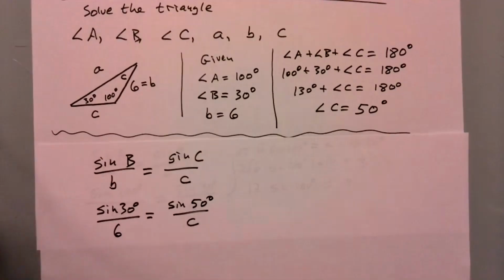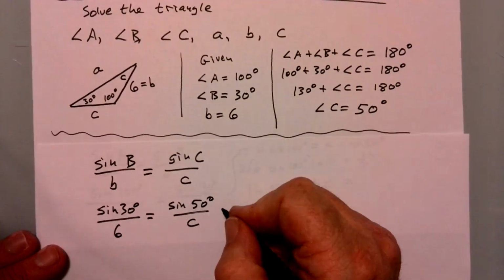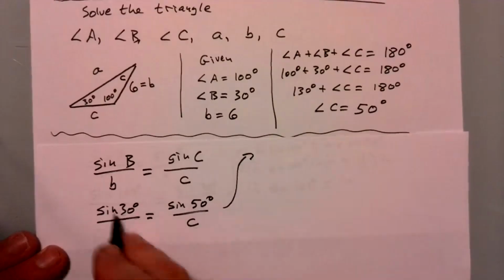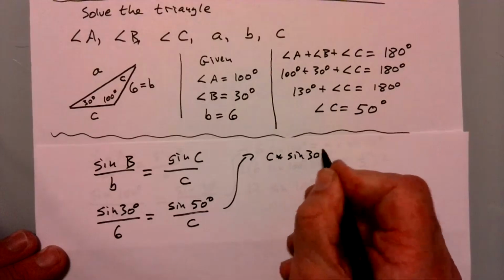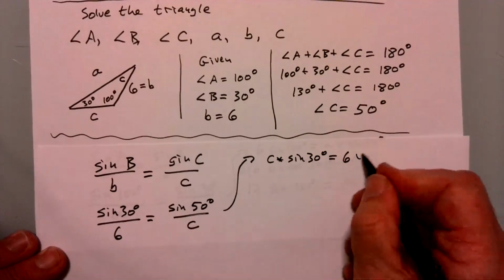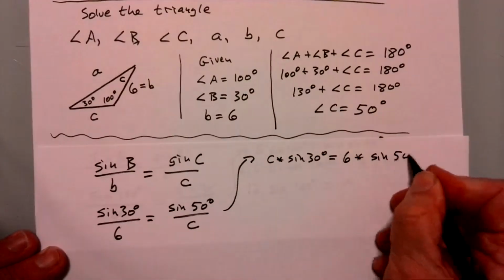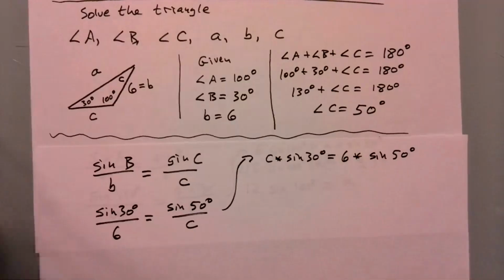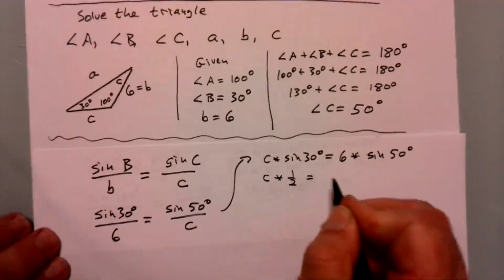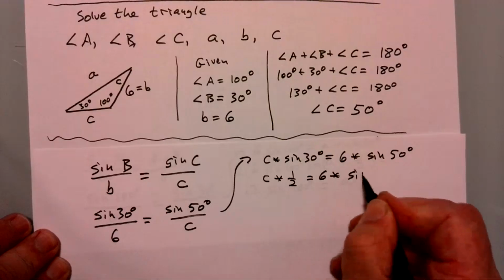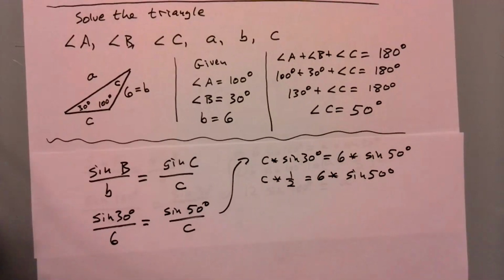Multiply both sides by 6c, which, yes, is equivalent to cross multiplying. So I get c times sine 30 equals 6 times sine 50 degrees. Sine of 30 degrees is 1/2. Multiply both sides by 2 again.